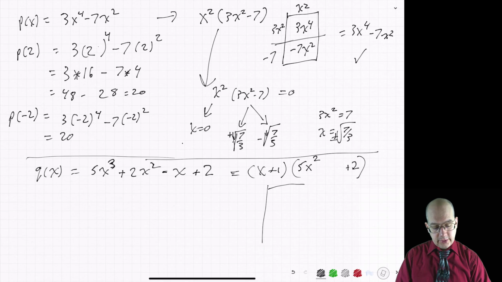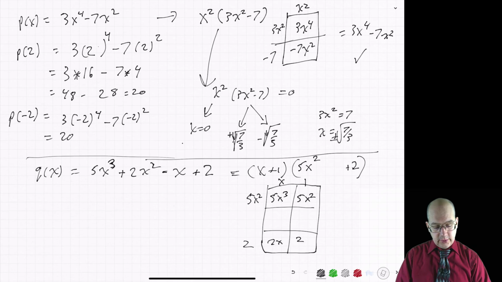And so in this particular instance, I could just try to do my little box trick and see what happens. So 5x squared and 2, so I can fill in these things. I've got 5x cubed plus 5x squared, and down here we've got 2x and we've got 2.